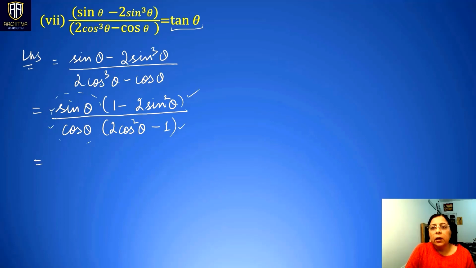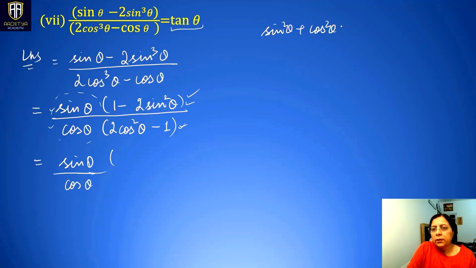What is required and how can we get there? If we keep sine theta and cos theta the same, we have to look for something to convert these two into the same expressions. Now what can we do? We have a relationship between sine square theta and cos square theta: sine square theta plus cos square theta is equal to 1. But if I convert sine square theta into cos square theta in the numerator and cos square into sine square in the denominator, then again we will get stuck.